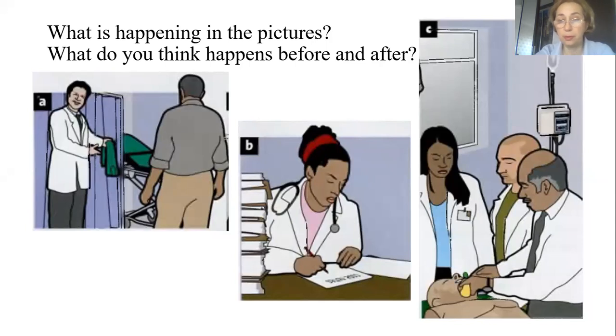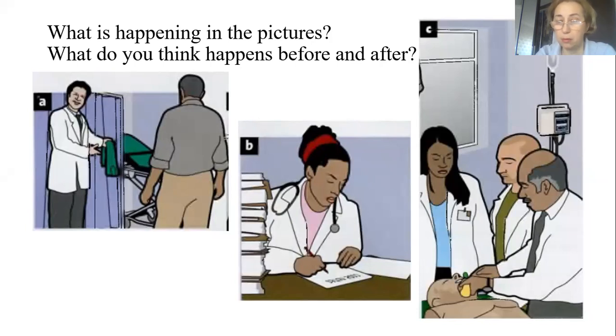Who are the people, do you think, and what are they doing? I think they are doctors and they are training this adult. They're training on CPR, I guess.